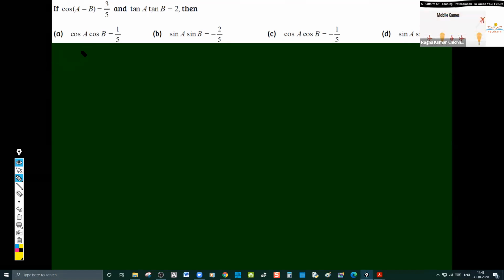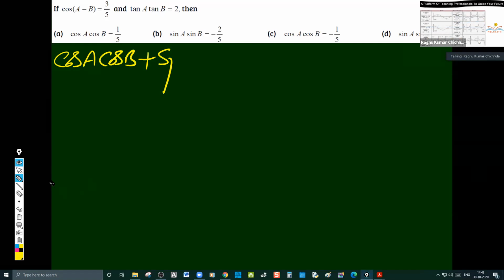We can convert this to sine and cos. But before that, let me write cos of A minus B. Your cos of A minus B is 3 by 5. If you expand now, cos A cos B plus sin A sin B.